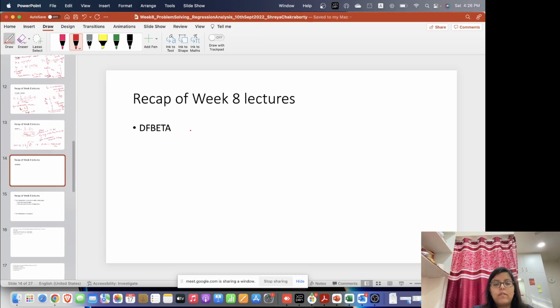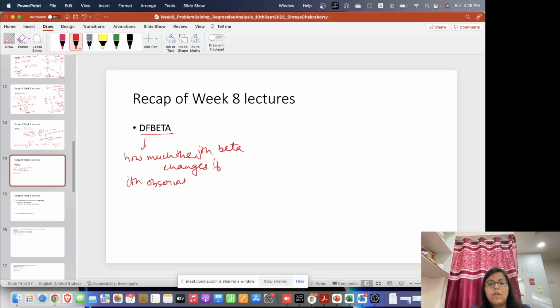And similarly we have DFBETAS. Now DFBETA actually measures how much the jth beta changes if the ith observation is removed. So DFBETA_ij, this j stands for beta j and i stands for the observation.